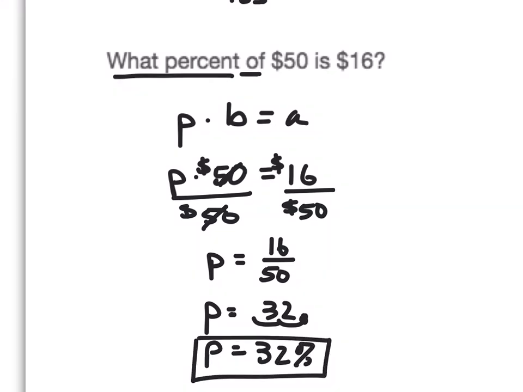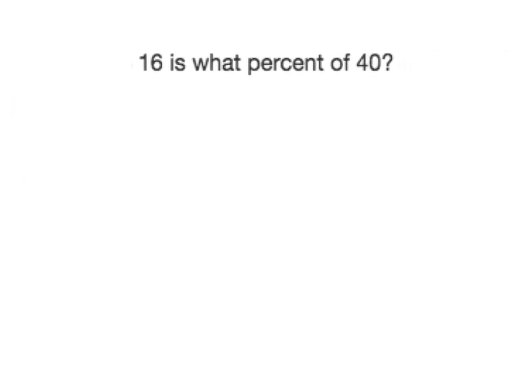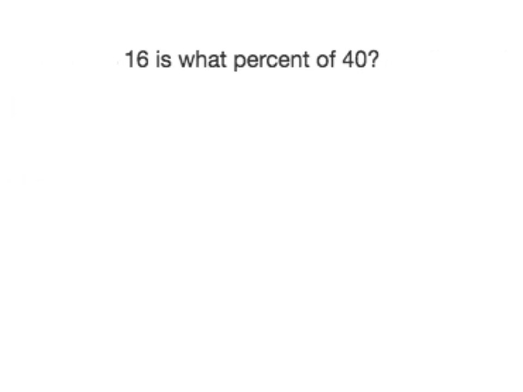Let's do the last one real quick, and then I'll let you get working on your homework. It says 16 is what percent of 40? Again, I'm going to write out P times B is equal to A. It's asking what percent of 40, so we don't know what the percent is.